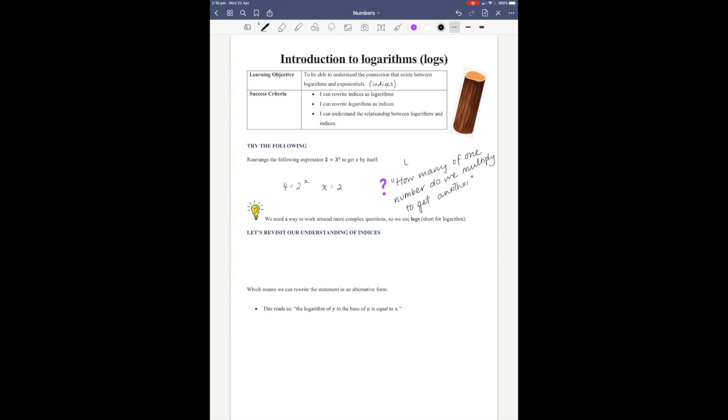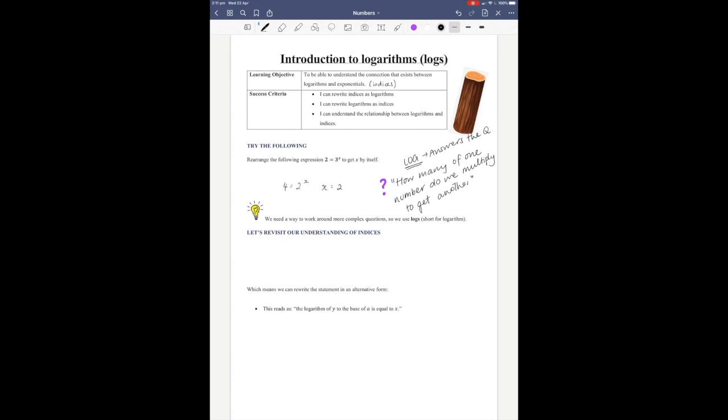And that's what logs answer. So when you think about that, if we go back to the example where I wrote 4 equals 2 to the power of x, we're asking how many of one number, so that one number being 2, do we multiply to get another, which is 4. So we know that we need to multiply 2 by itself twice in order to get the answer 4.